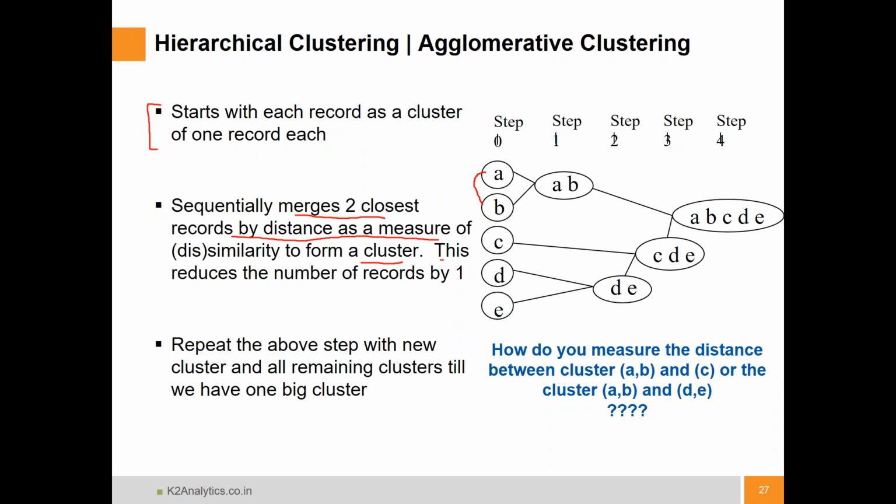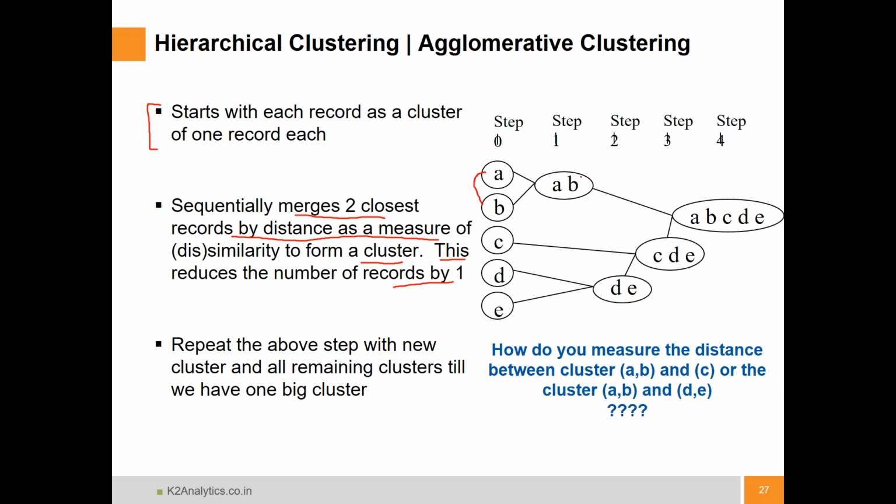This reduces the number of records by 1. So I'm starting with 5 clusters in this diagram, and then the distance of A with respect to B, C, D, E, of B with A, C, D, E, of C with A, B, D, E, of D with A, B, C, E, and of E with A, B, C, D is all known. Whichever is the least distance, those two are getting merged.